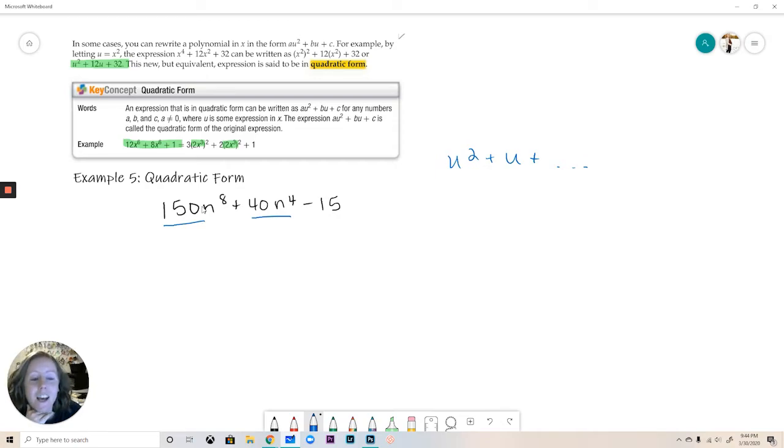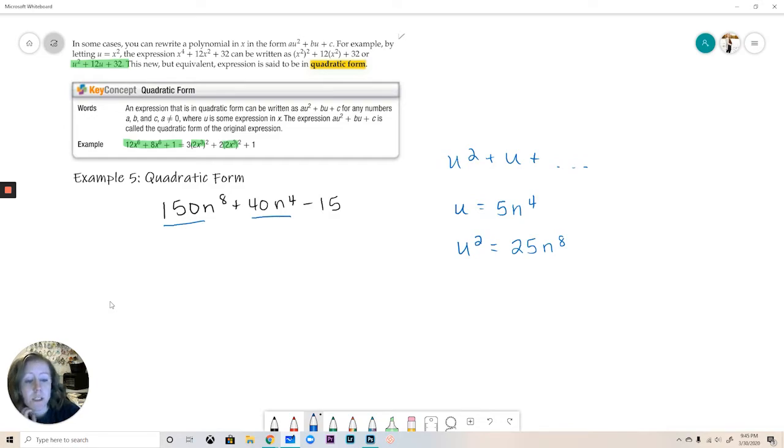So I'm going to let u equal 5 n to the 4th, because that's my greatest common factor between the first two terms. All right, so now that I know I want my u to equal 5n to the 4th, I'm going to figure out what u squared is. U squared is going to represent 25n to the 8th.